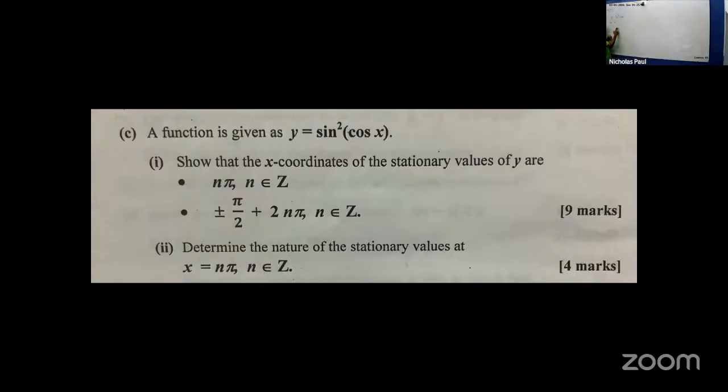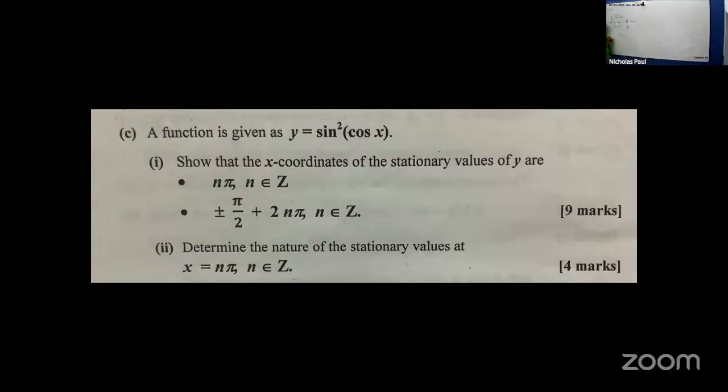So why do you make a substitution here? u equals cos x. So can we find du dx? Where du dx here is minus sine x, right? And now y is equal to sine squared u. So we need to find dy du. What's the differential of sine squared u? If you have something like this, what's the differential of that? You can bring down the two, differentiate the bracket and so on.